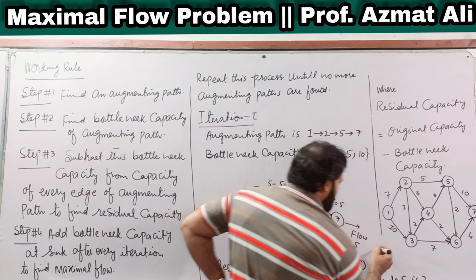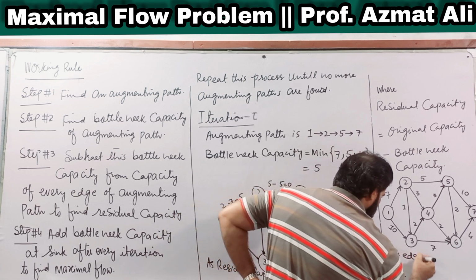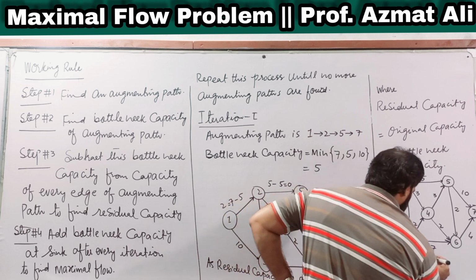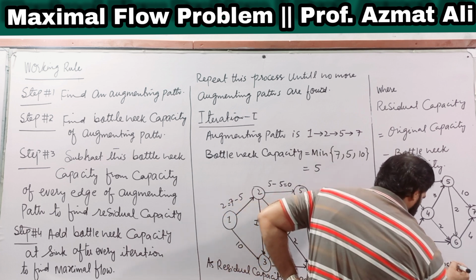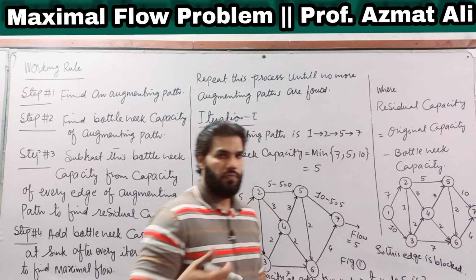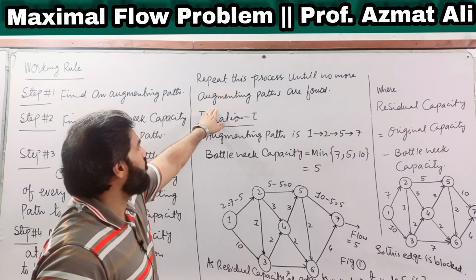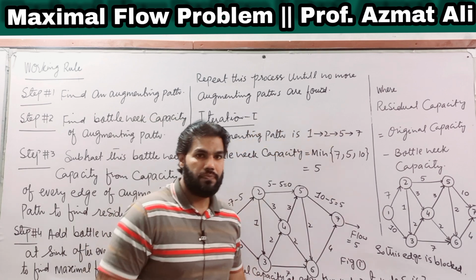So this edge is blocked and will not be used in further iterations. Repeat this process until no more augmenting paths are found.